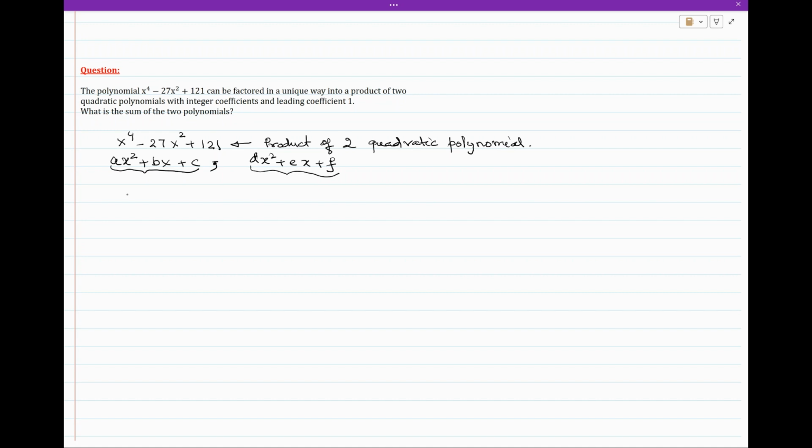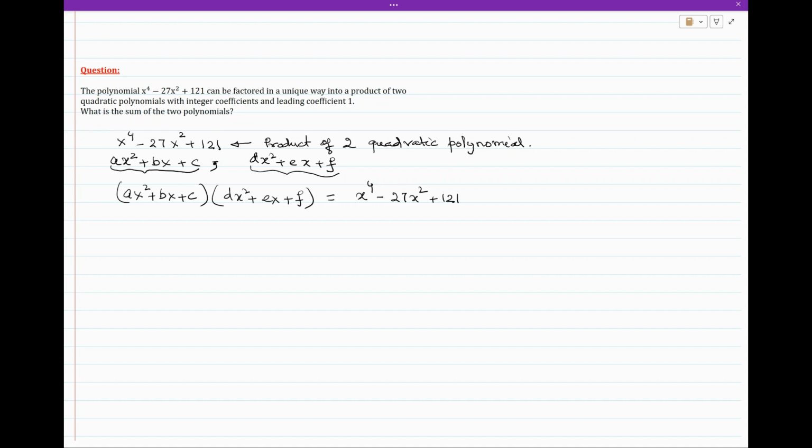That is, a x square plus bx plus c multiplied by d x square plus ex plus f should be equal to x to the power of 4 minus 27 x square plus 121.